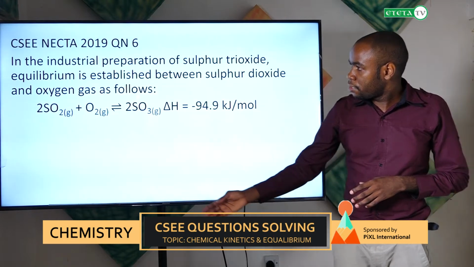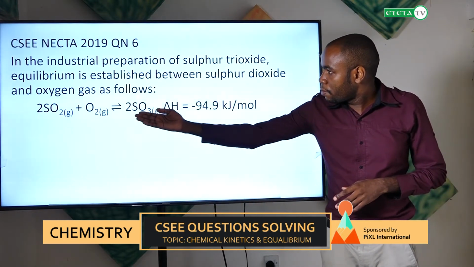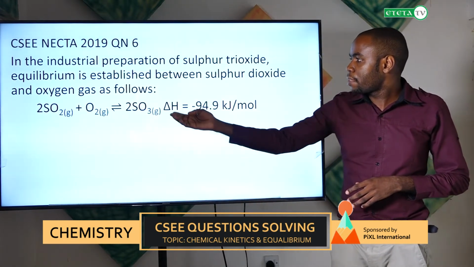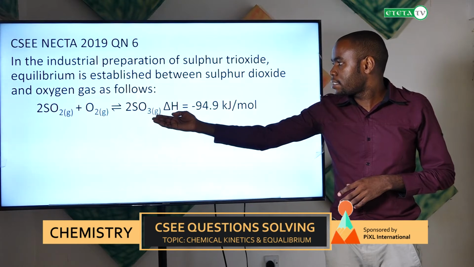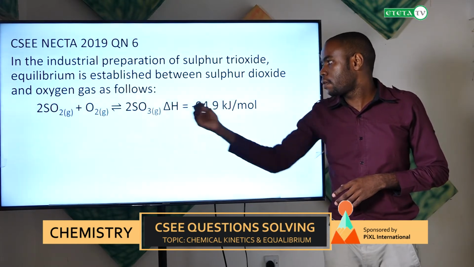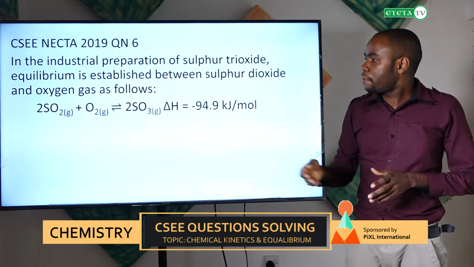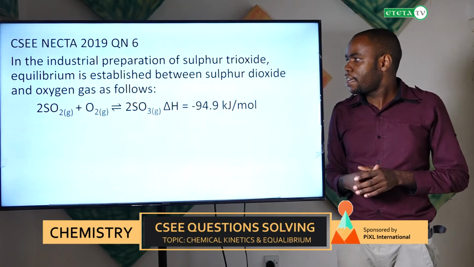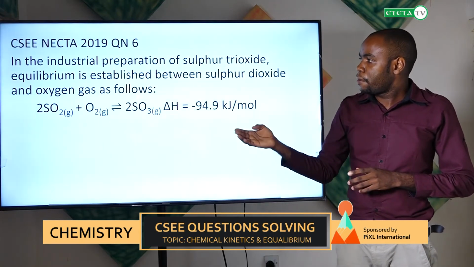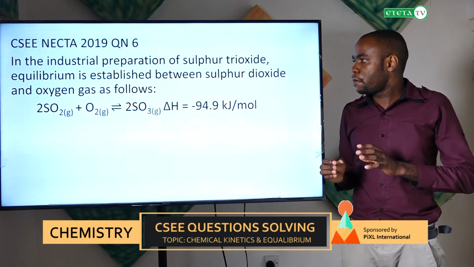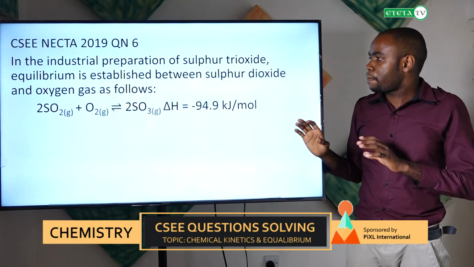The chemical equation shows 2 moles of sulfur dioxide react with 1 mole of oxygen gas to obtain 2 moles of sulfur trioxide. From this balanced chemical equation, we compare the number of moles of reactant and product.